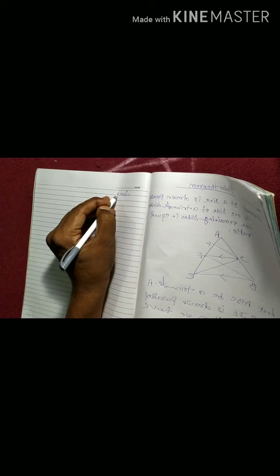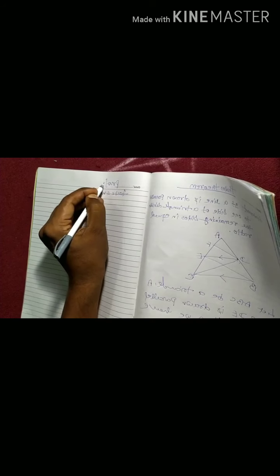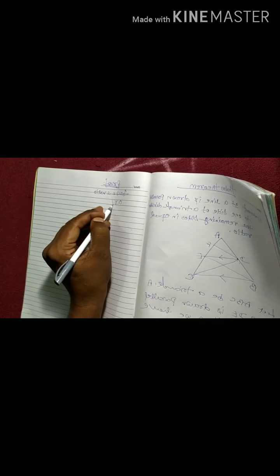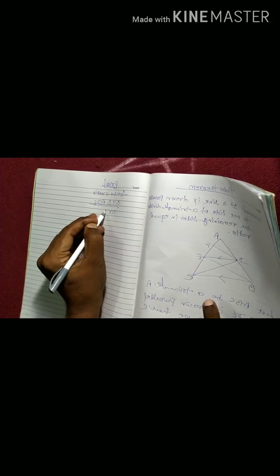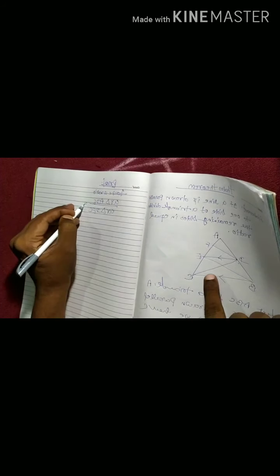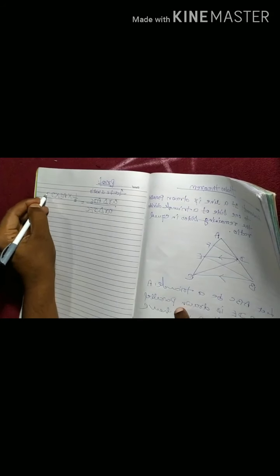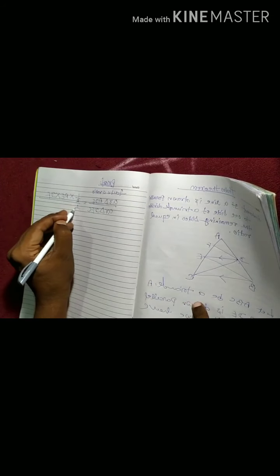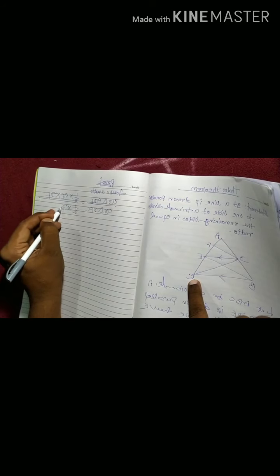Proof: take a ratio, area of triangle ADE by area of triangle DEC is equal to half into AE into DF by half into CE into DF.